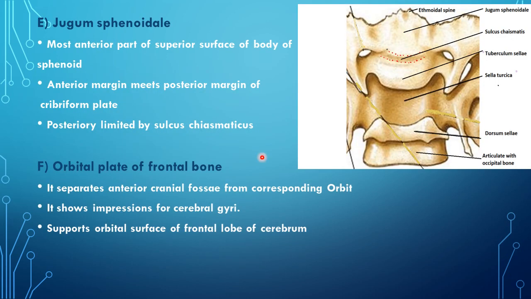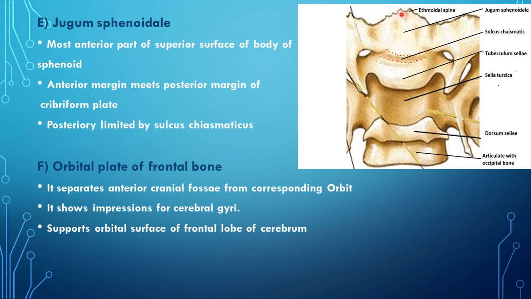Next feature we can see is the jugum sphenoidale. As we said earlier, this is the jugum sphenoidale. This is the sphenoid bone, and here the most anterior part of the superior surface of the body of the sphenoid is called jugum sphenoidale. This is the anterior margin of the jugum sphenoidale.